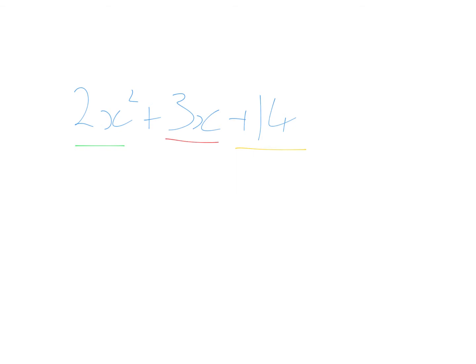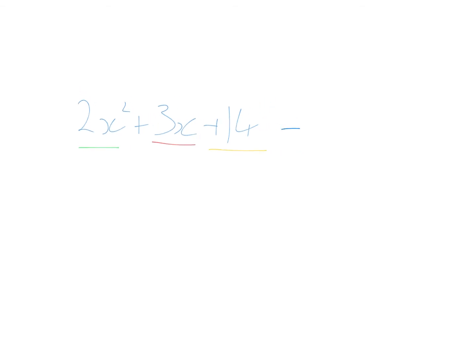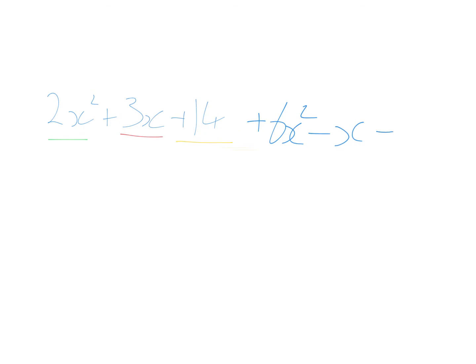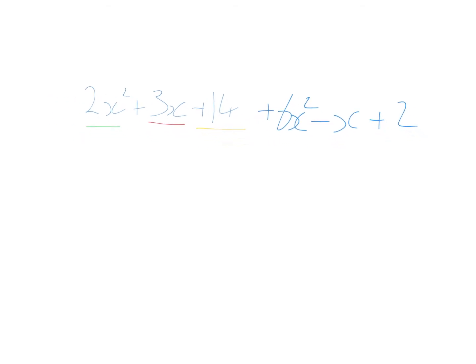So we can add x squareds with x squareds, regular x's with regular x's, and constants with other constants. So if we add on a few more terms here, now we've got x squared terms, we've got x terms, we've got constant terms.